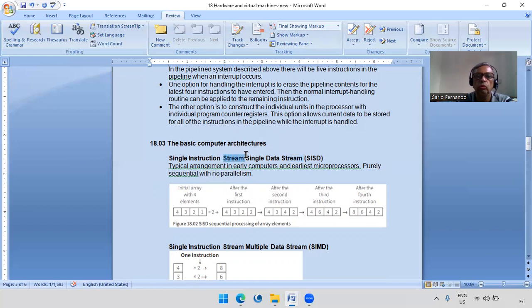Okay? 1, 2, 3, 4, 4 words. Single instruction, that is SI, single data, that is SD. That is just to make it easy to remember.